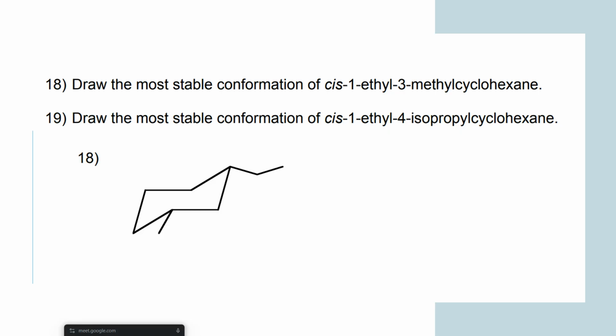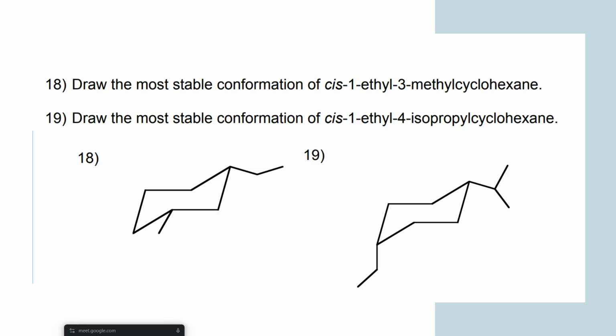Since this is given cis 1-ethyl 4-isopropyl, the structure will somehow look like this. In this case, both the substituents are in 1,4 relative position, and it is given as cis. So if we have to put the substituents in the same phase, one of these two must be in the axial position.